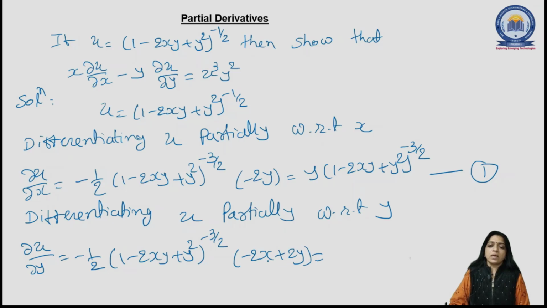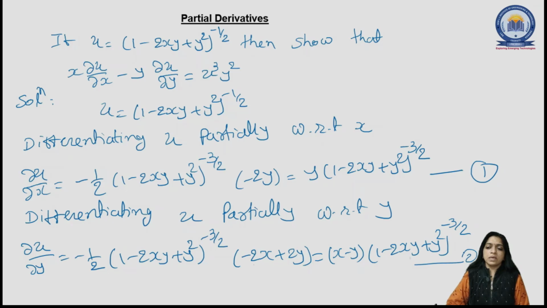Okay, so if I take minus 2 common from this last bracket, this minus 2 and minus 1/2 will be cancelled out, and the term is (x minus y)(1 minus 2xy plus y square) raised to minus 3/2. This is my equation 2.